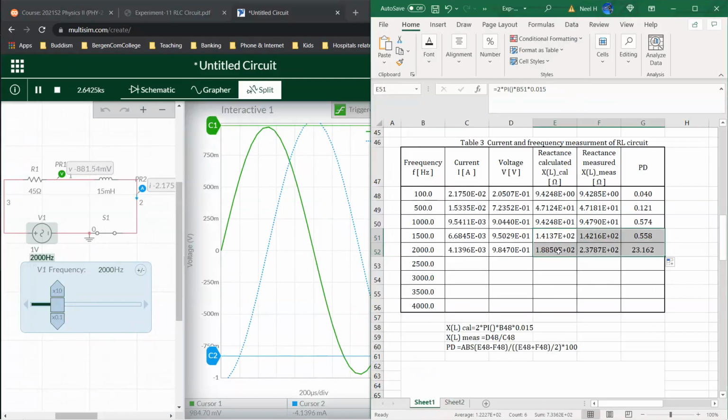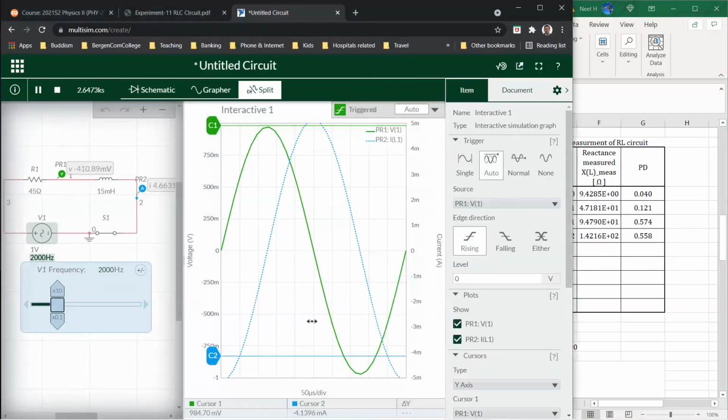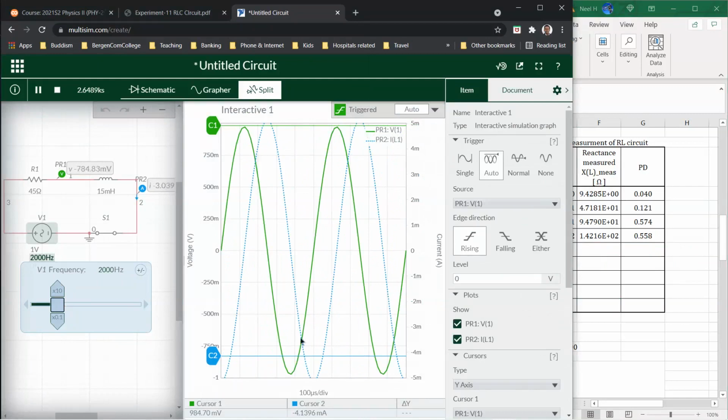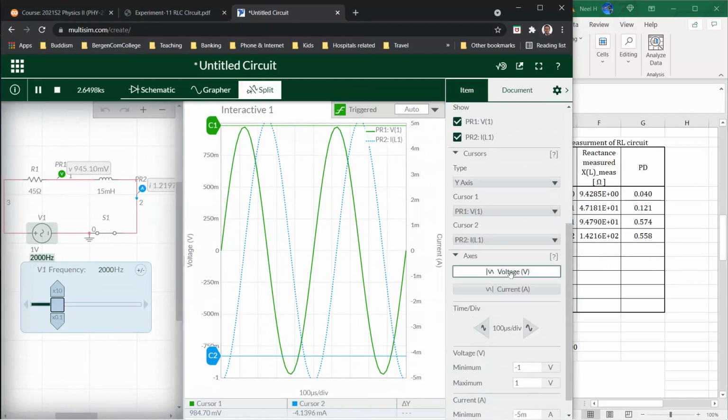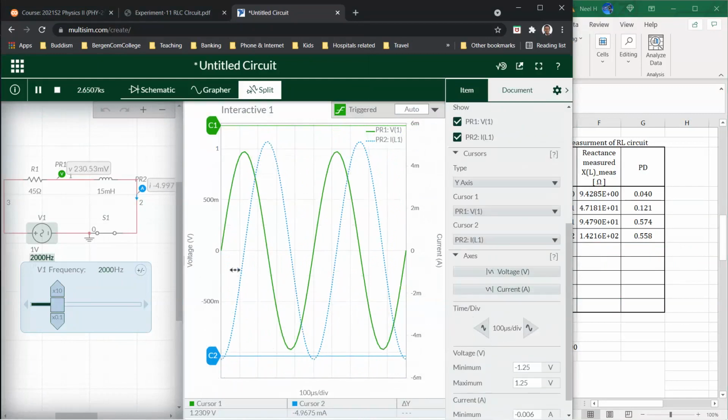Let me recalculate that. Okay, let us recalculate this. 2000.